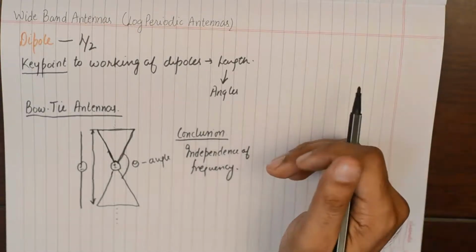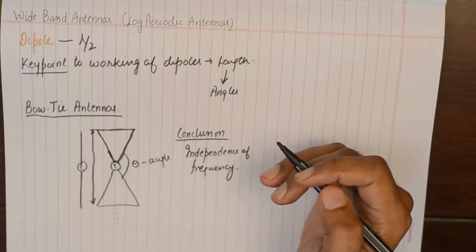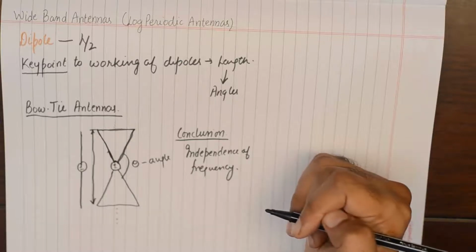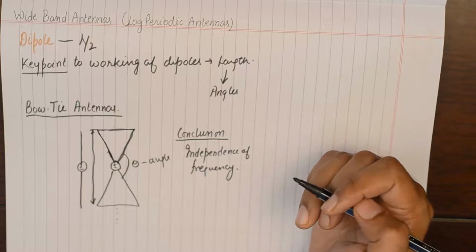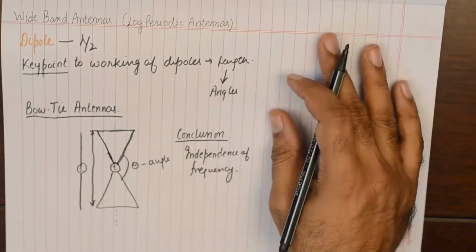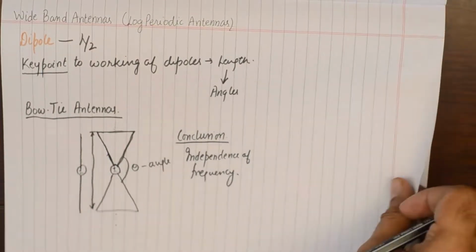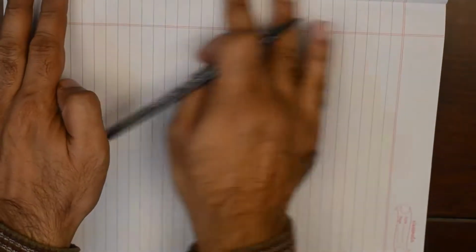Now that could be achieved by putting up antenna elements of different lengths on a single boom stick and feeding them with a singular source that would radiate different frequencies. I'm going to draw the diagram for the log periodic antenna.